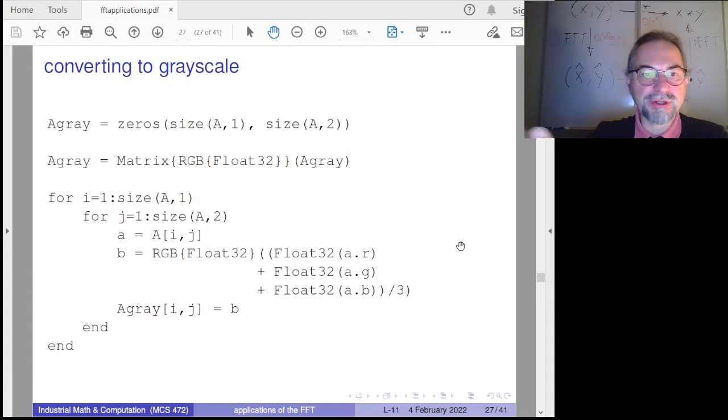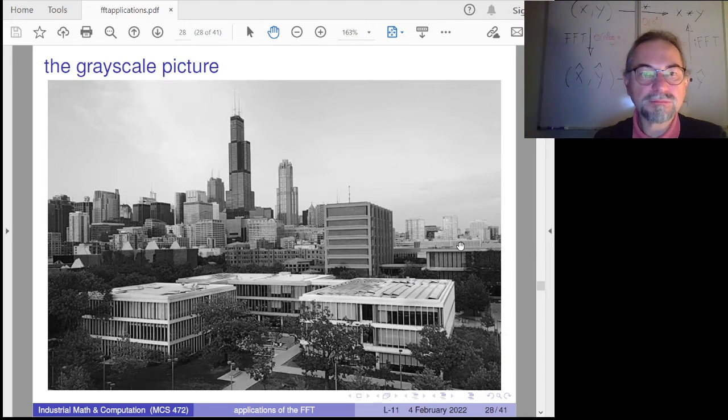So this operation is useful if we have a numerical matrix and we want to construct a color image or reconstruct a grayscale image. So we will use that also. So here, this looks back like in the 60s. So this is our grayscale image of the skyline.